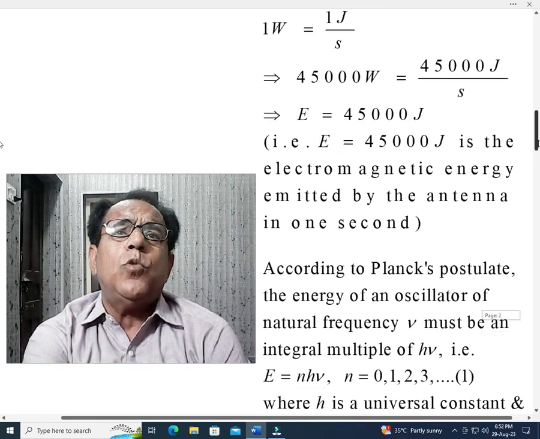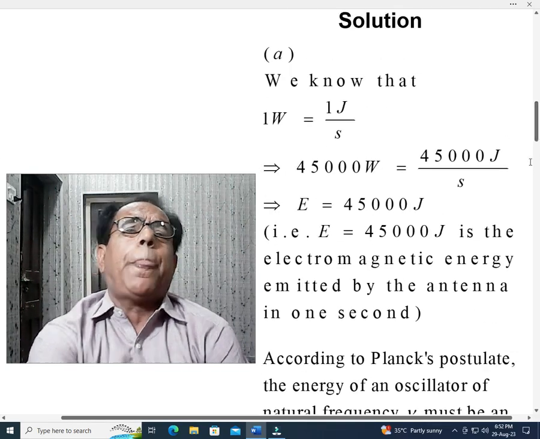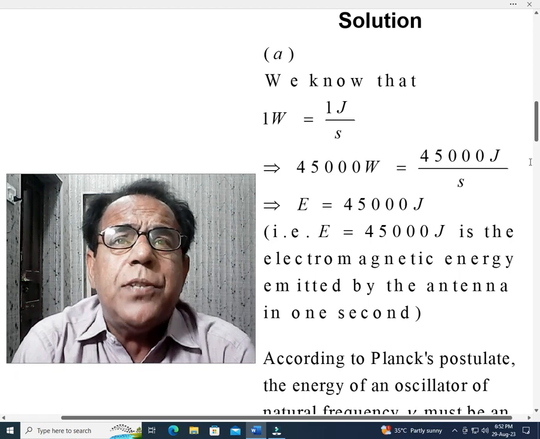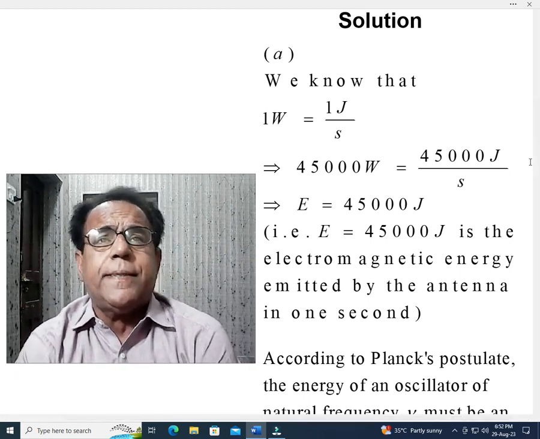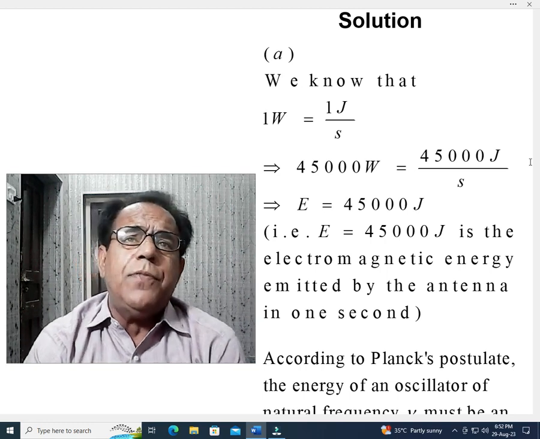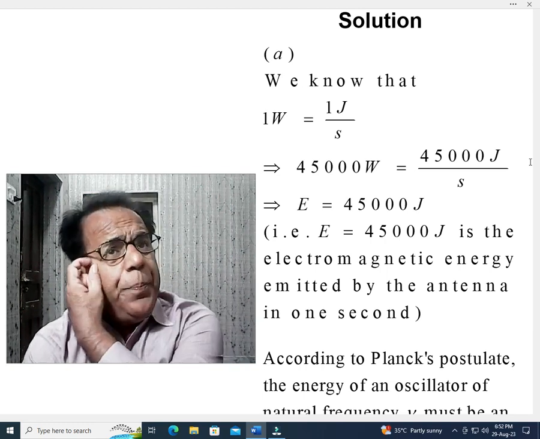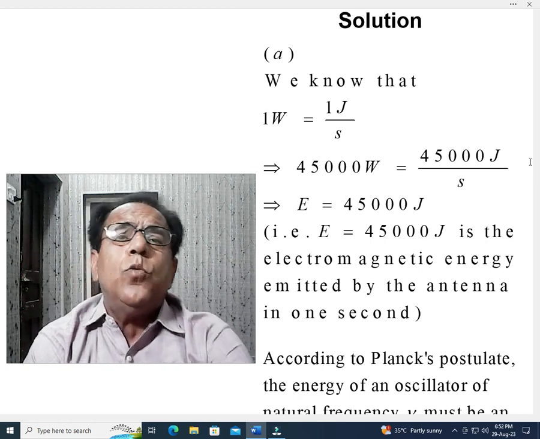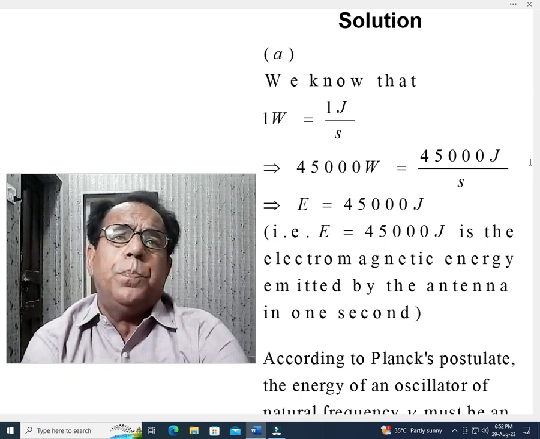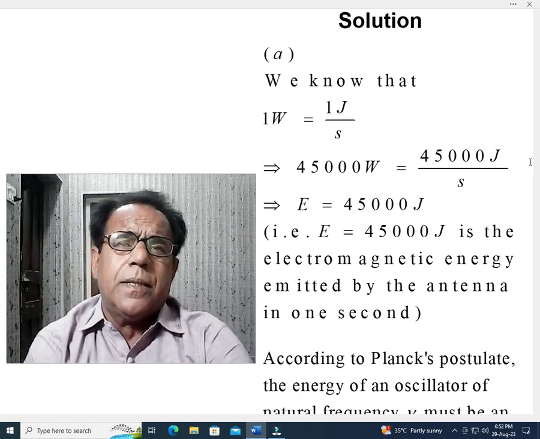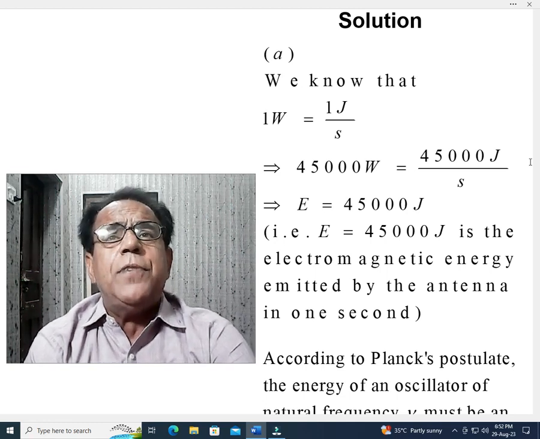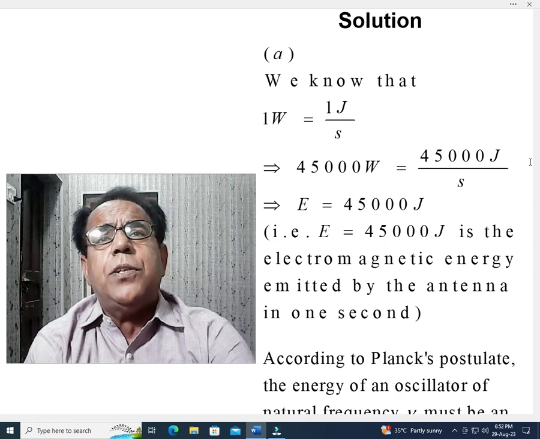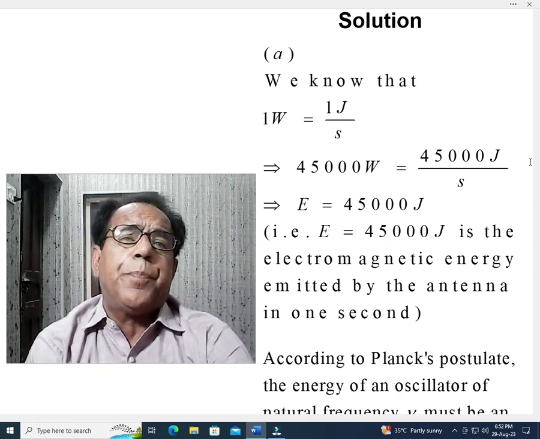Okay, we first come to part A. We know that 1 watt is equal to 1 joule per second. This implies that when 1 watt is equal to this, then so many watt will be equal to this. So quite clearly, 45,000 watt will be equal to 45,000 joule per second.